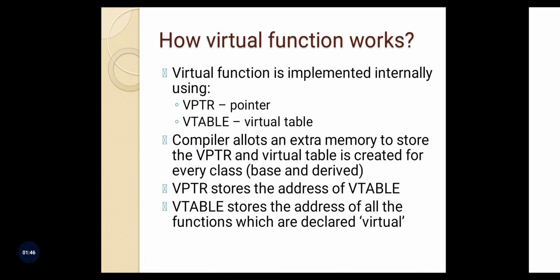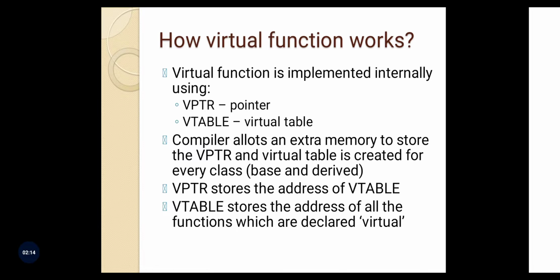If there is a base class which contains a virtual function, and that function also exists in the derived class, that means we are trying to achieve polymorphism, then the compiler reserves extra space in memory for every class which carries that virtual function, called a virtual table.